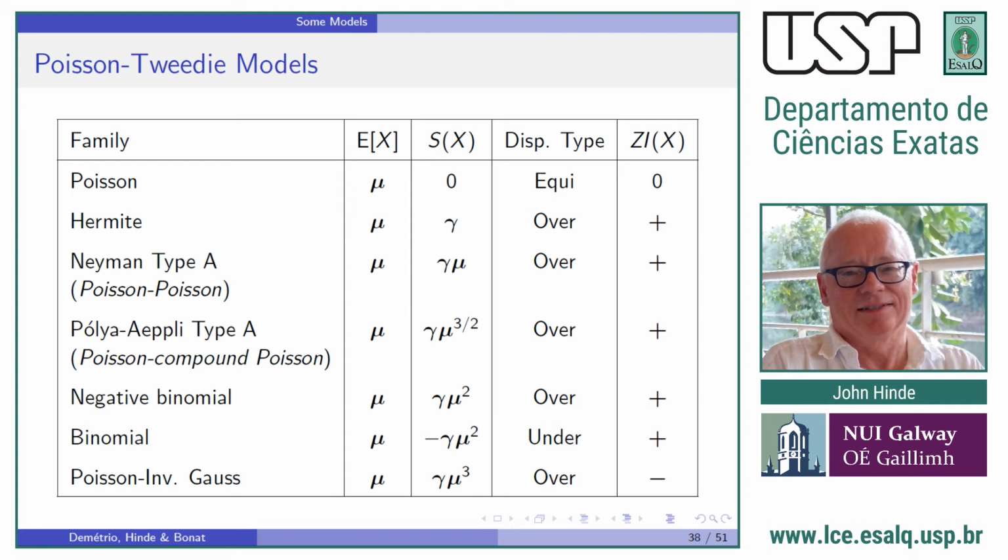So it could be 0, it could just be a constant, it could be constant times mu, different powers of mu. Generally you get overdispersion. You get zero inflation as well, but you can get zero deflation.